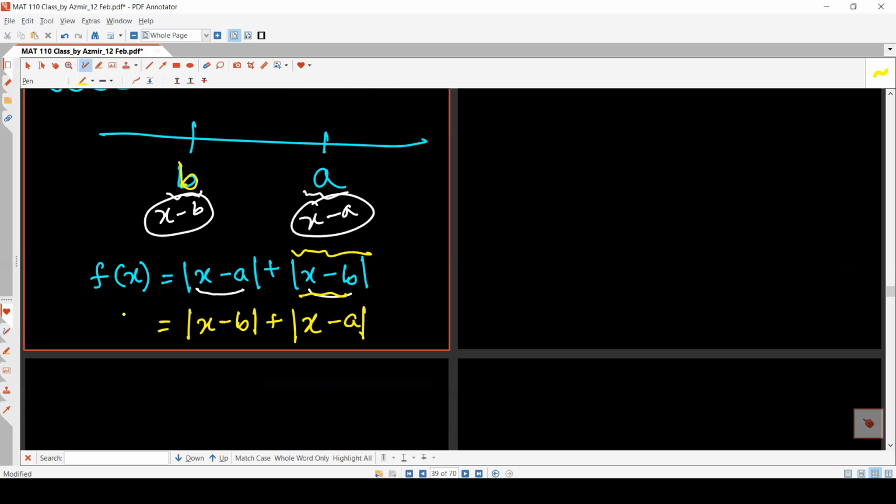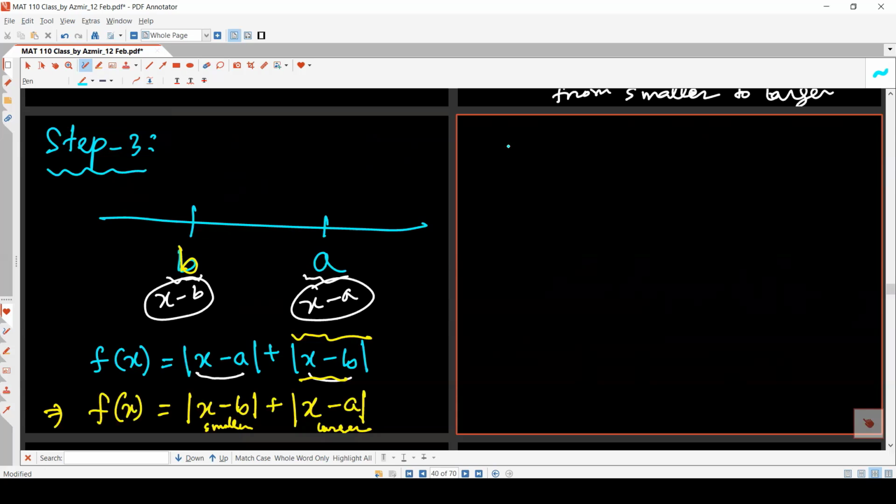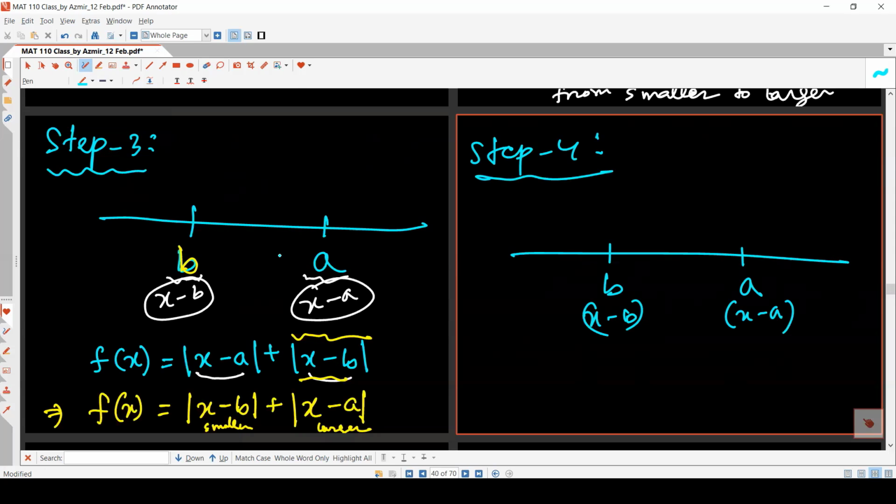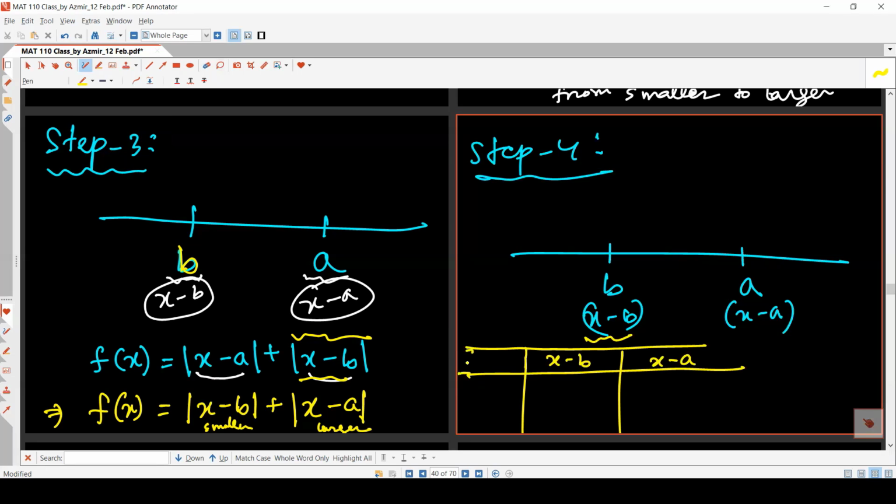So we have to rearrange by this way. Step 4, we have this idea from step 3. Now I am writing in a different way. Here we have x minus b, here we have x minus a. Our target is to identify the domain.